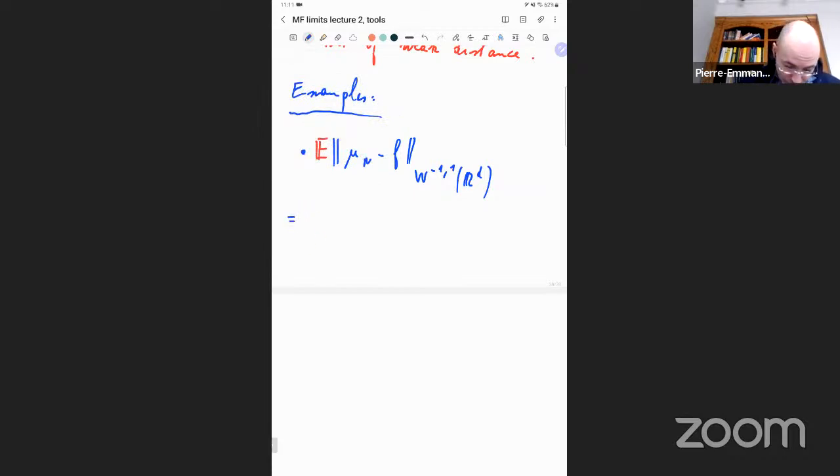So this is just the sup of all test functions that are in W1 infinity and that are bounded in W1 infinity. So you want that phi in L infinity is less than 1, for example, and gradient phi in L infinity is less than 1, and then this is the integral of phi(x) (mu n t dx minus f t dx).